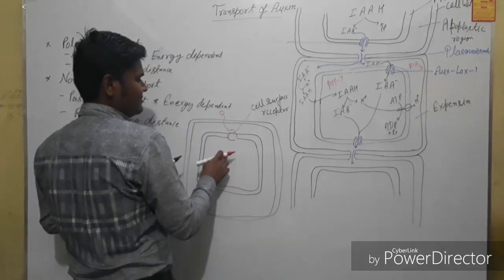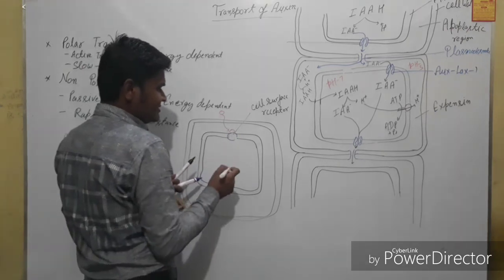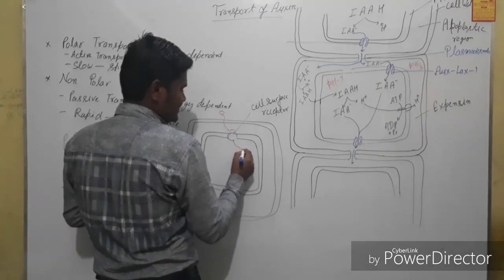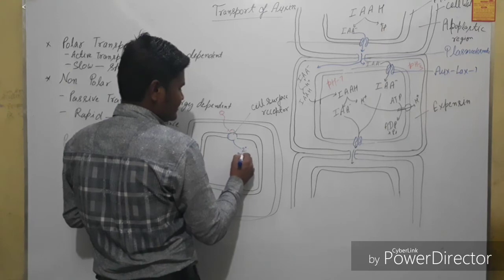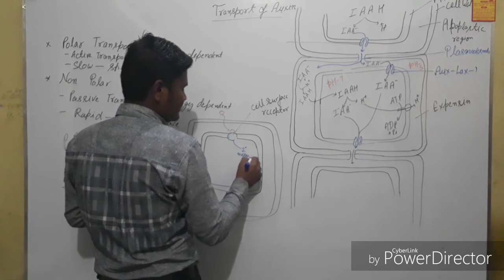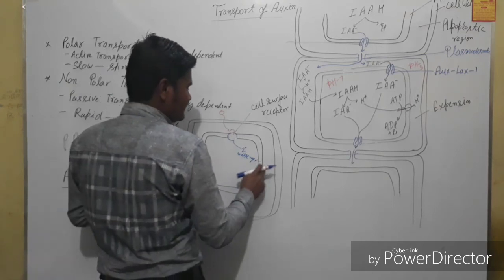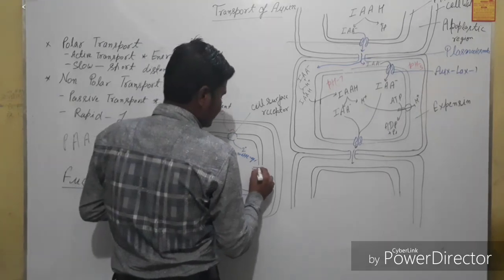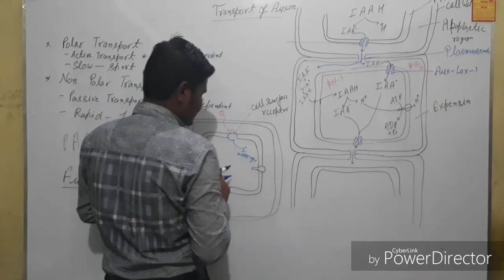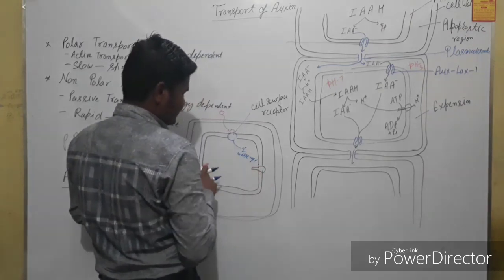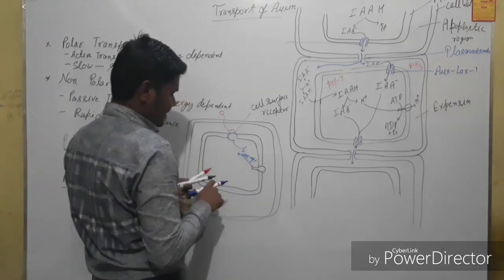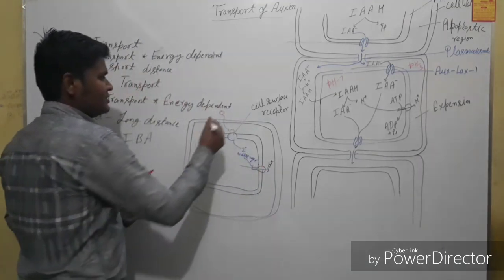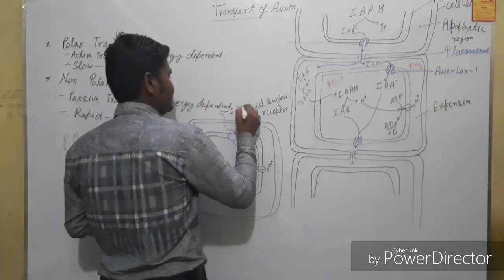Auxin attached here. Okay. Here a secondary messenger occurs, which receives this signaling, and this signaling activates the hydrogen ion pump, which is responsible for the hydrogen ion coming here. This one is IAA minus.